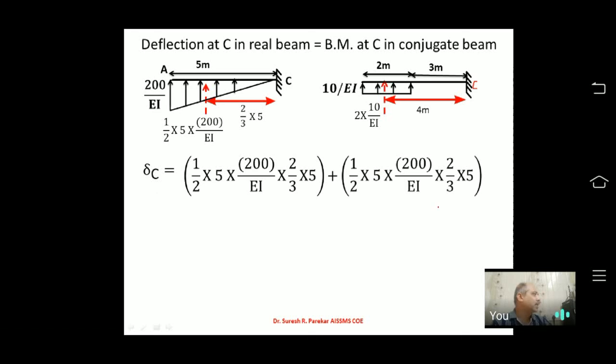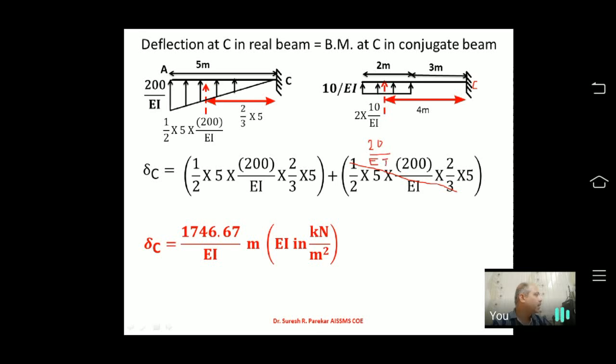So this will be the second term. That will be plus 20 upon EI into 4. And then by calculating this value we are going to get the value of delta C, and again we are going to get it as clockwise, so that is downward.